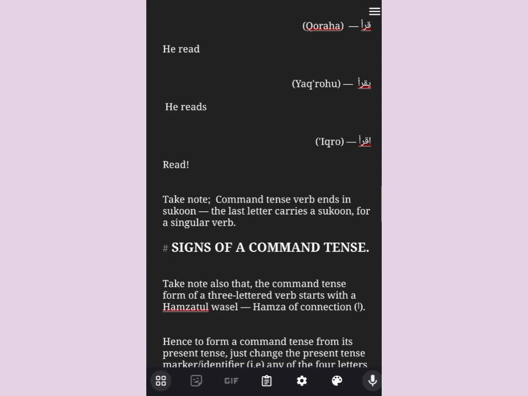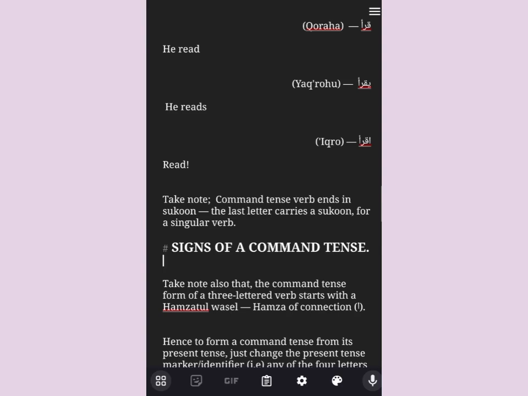You have to have a singular before you have a dual or a plural. So the singular form of the verb is the primary verb in question. The last letter of every primary verb, every singular verb, will carry a sukun, and there will be an initial hamzatul wasl.